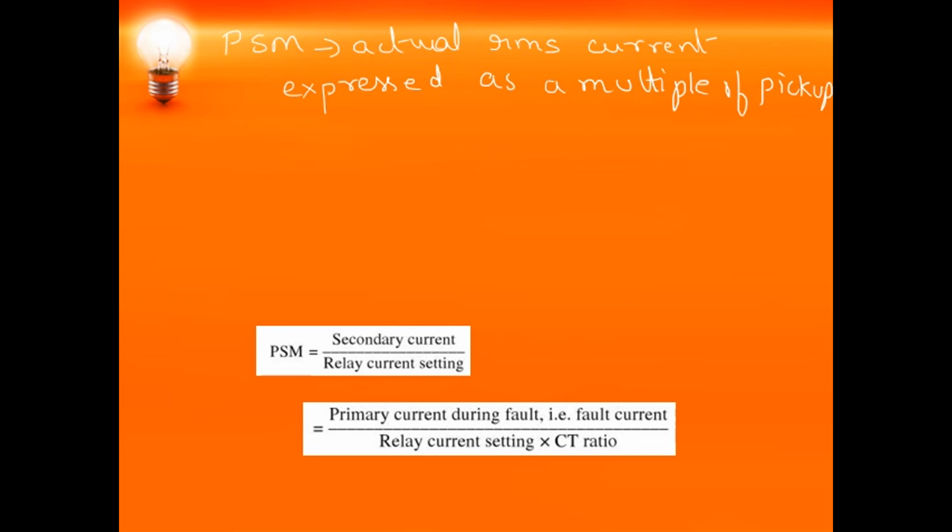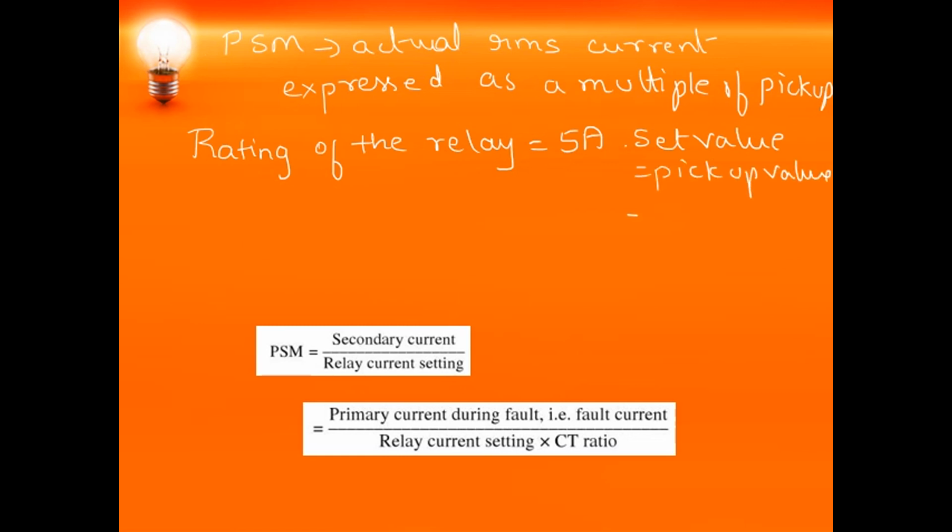Say for example, the rating of the relay is 5 amps, and the set value, that is the pickup value, is 200% of rated current.